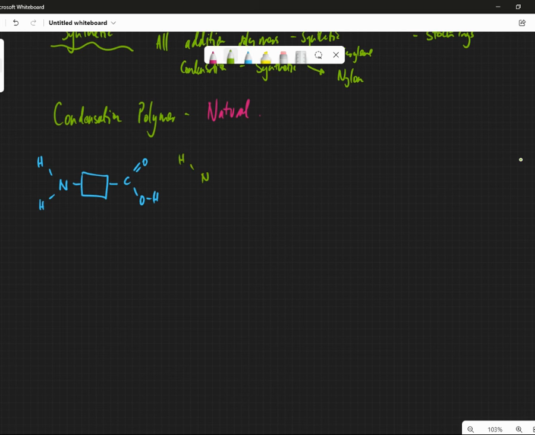We have an NH2 group on one end, a box, and a carboxylic acid end on the other one. These are our monomers, and you can see they've got two functional groups: an NH2 functional group and a C=O functional group.